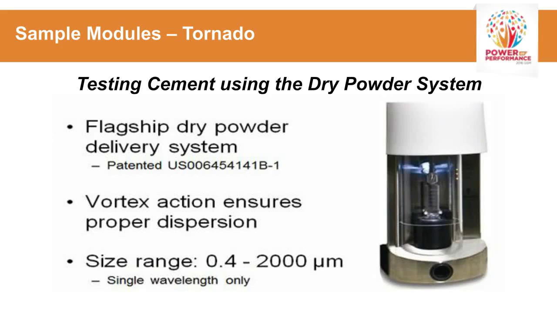This is a little closer view of the module, and the sample chamber is right here, where you're going to place the sample in a cuvette. And it has a vortex type action. And this is a patented design that we created a number of years ago.